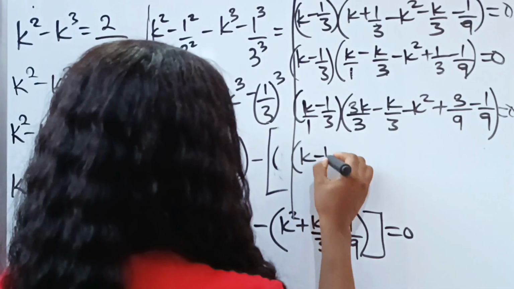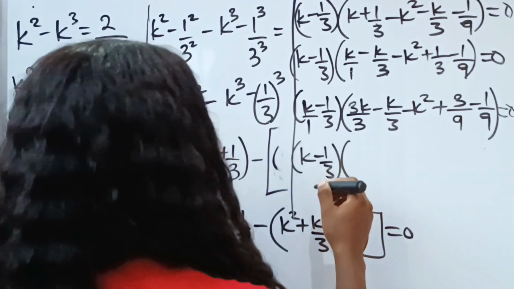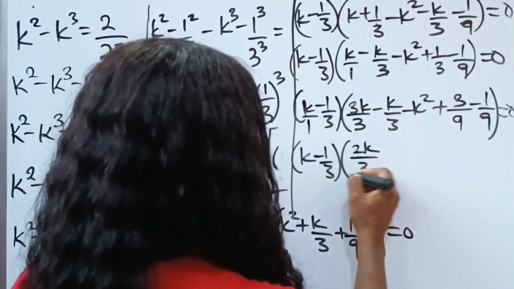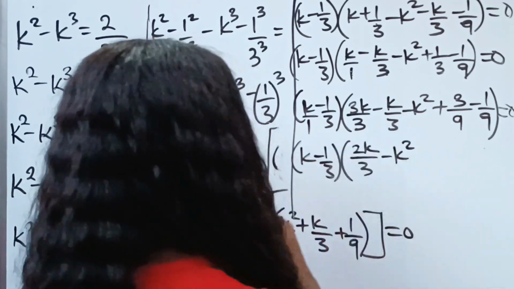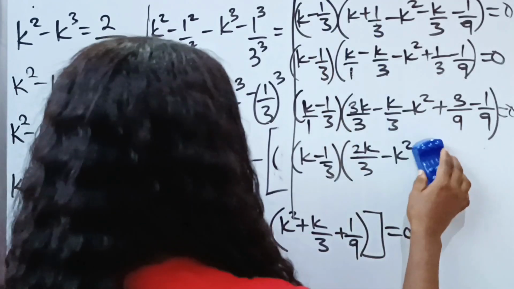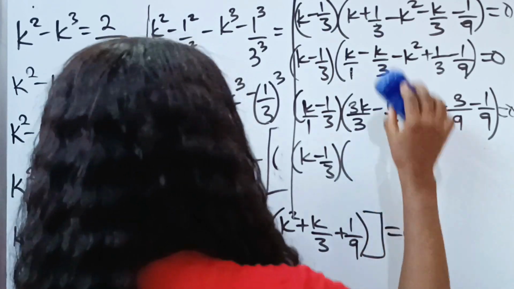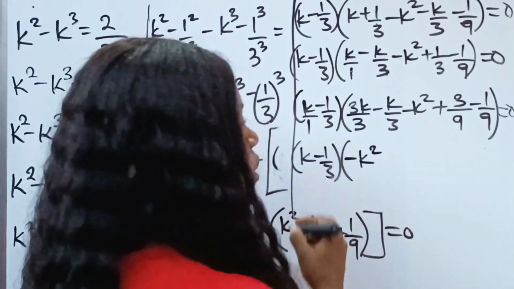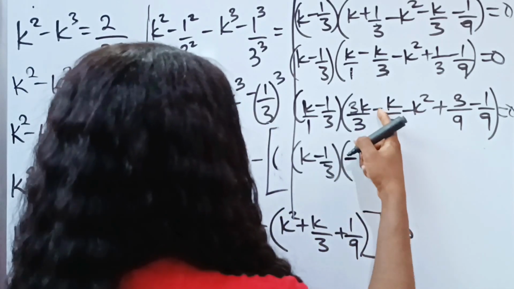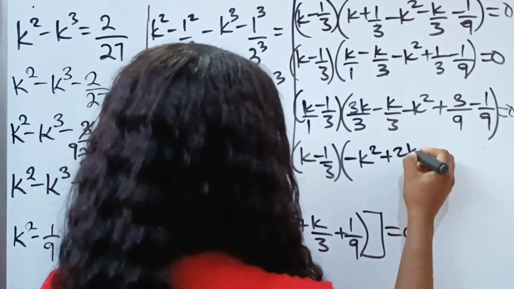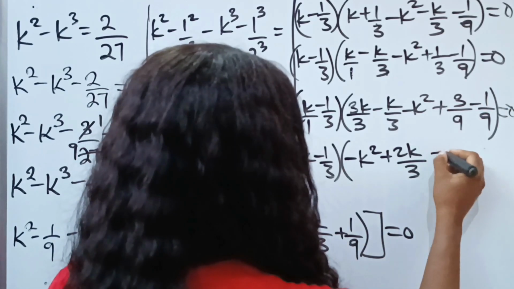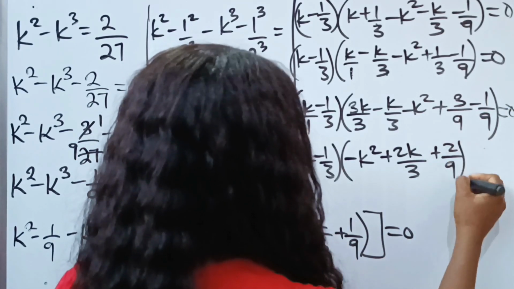So we have k minus 1 over 3 multiplied by 3k minus k, which will give us 2k divided by 3. Then minus k squared. I would like to write k squared first, because this is a quadratic equation. The k squared is supposed to come first. So minus k squared, plus 2k divided by 3, and plus 3 minus 1 will give us plus 2 divided by 9.